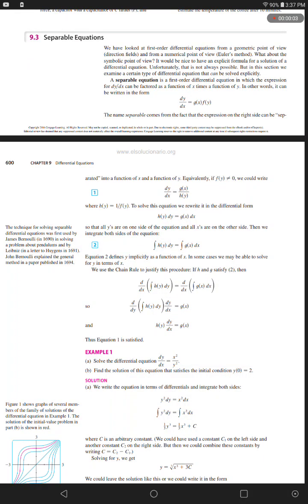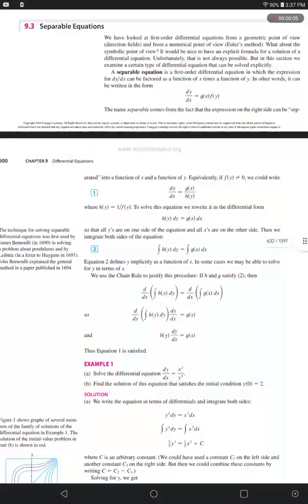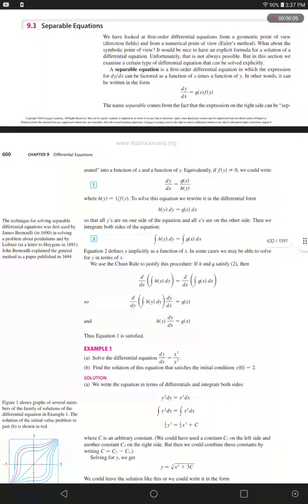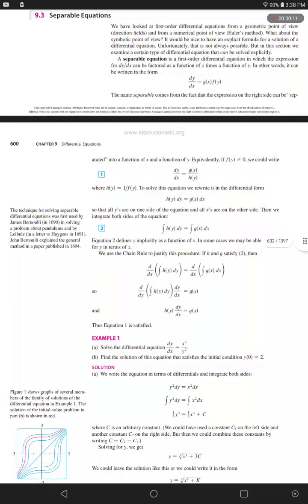9.3 Separable equations. We have looked at first order differential equations from a geometric point of view, direction fields, and from a numerical point of view, Euler's method.